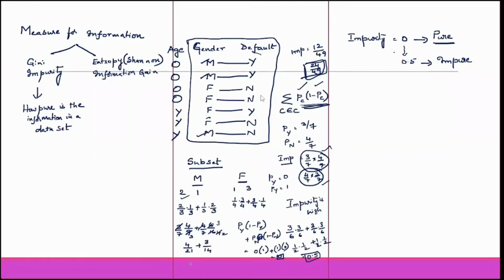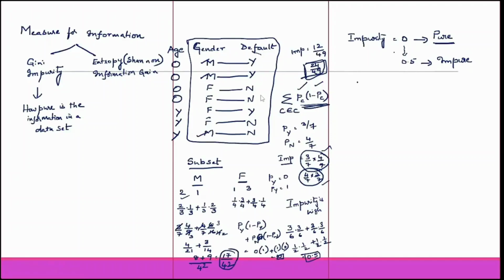So overall, if I add up, I may be wrong in my calculation, but I'm able to get a value of 17 by 42.